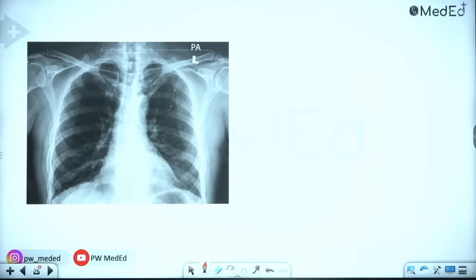This is a very important finding that even radiologists can miss when we are looking at X-rays very fast. Can anyone tell me what is the finding in this X-ray?